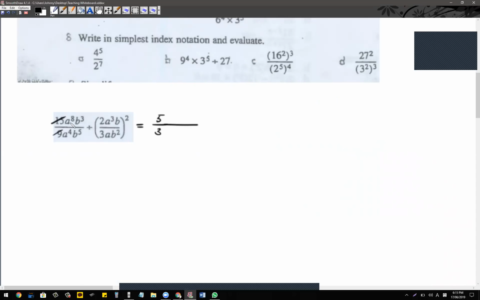And then this is a^4 on the top. But it's b^5, b^3, so you need to have b squared on the bottom. And then it's divided by, but anyway, division can be converted into multiplication, and you can simply flip these two.